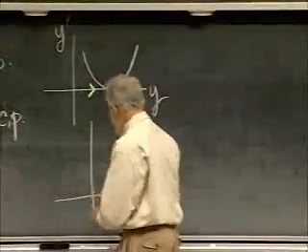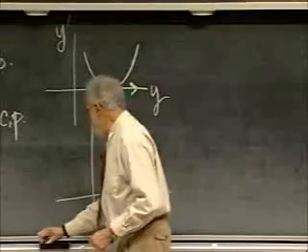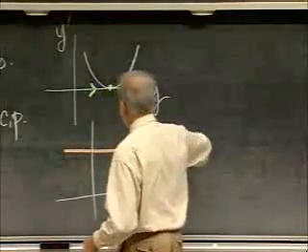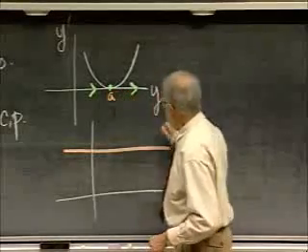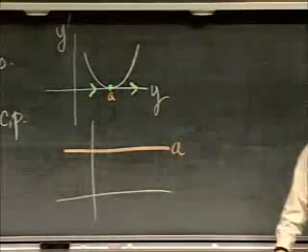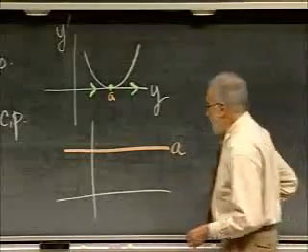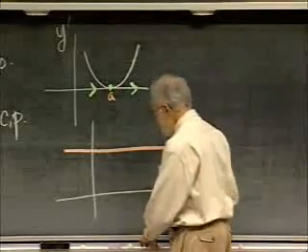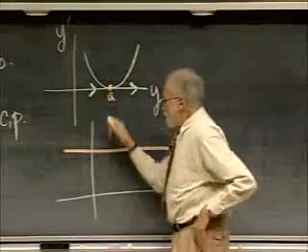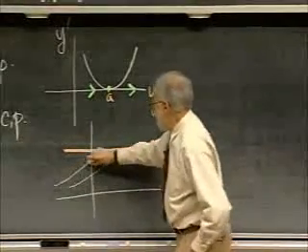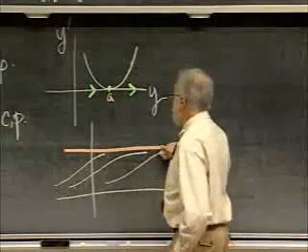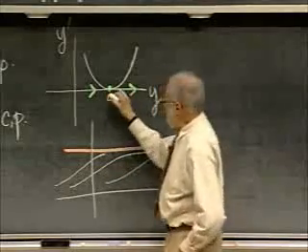Well, there's our long-term solution that corresponds to that point. Let's call this A, and then this will be the value A. If I start below it, I rise to it. If I start above it, I leave it.